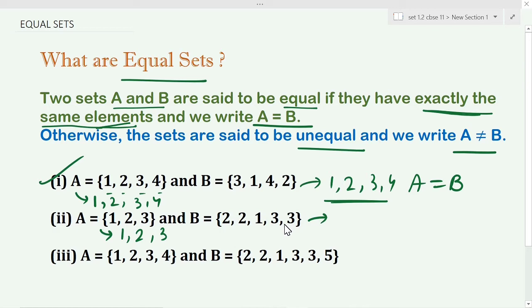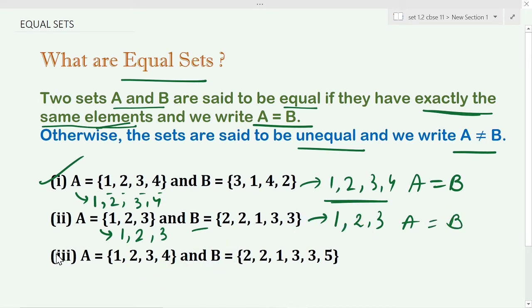If we take the distinct elements, we see that there are three distinct elements, that is 1, 2, 3. So A contains 1, 2, 3 and B also contains the same elements 1, 2, 3. Some repeated 2 times, 3 times, and 1 time, but the same elements. So we can say that A equals B.